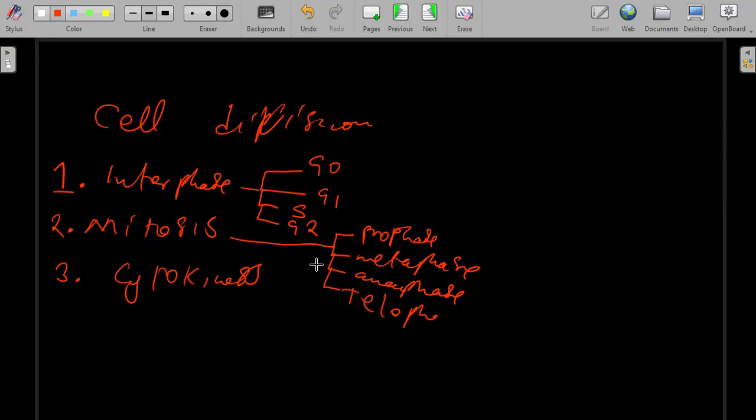So these are the phases which happen in mitosis. Then from mitosis, you undergo what we call cytokinesis. So these are the phases in terms of the cell cycle.